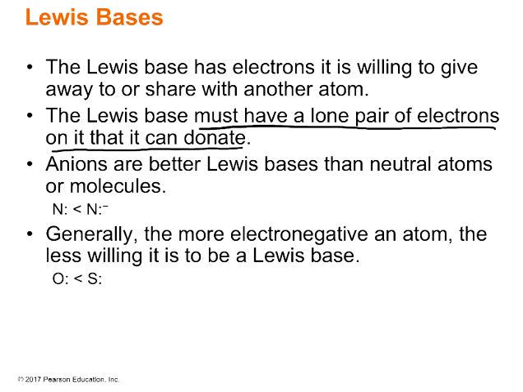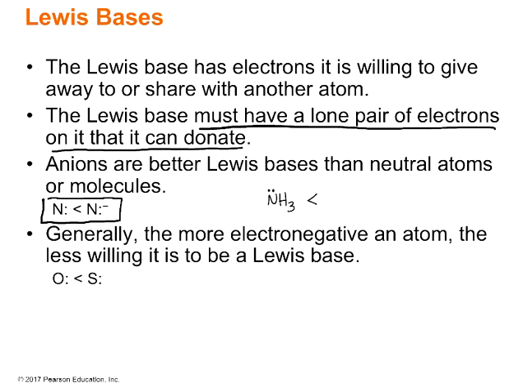Now, anions are going to be better Lewis bases than neutral atoms or molecules. So if we have a neutral nitrogen with a lone pair, that's going to be less basic than a nitrogen with a lone pair and a negative charge. For instance, ammonia has a lone pair on the nitrogen, and that nitrogen is bonded to 3 hydrogens.